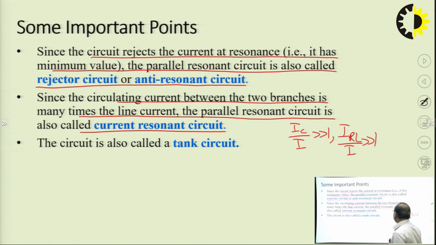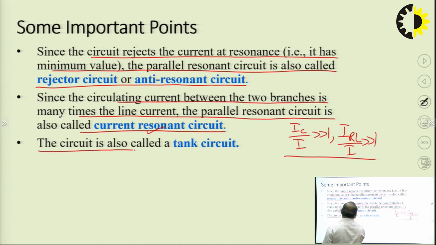That means the current in the capacitor branch is more than the supply current, or the current in the RL branch is more than the supply current. So that way it is the amplification of current. So it is known as a current resonant circuit due to it. And one more important thing, this parallel resonant circuit is also called a tank circuit.